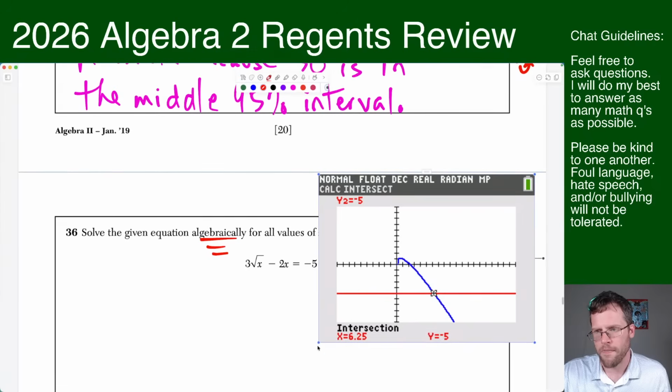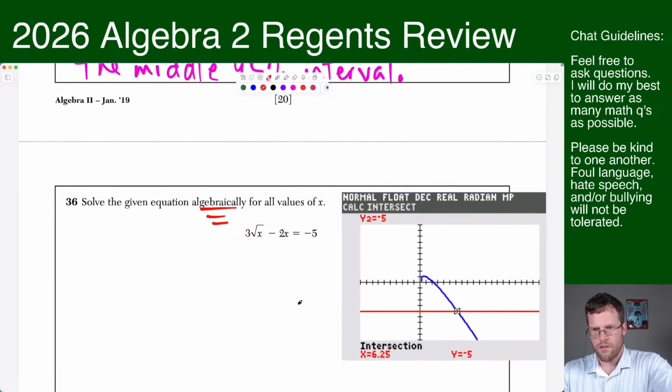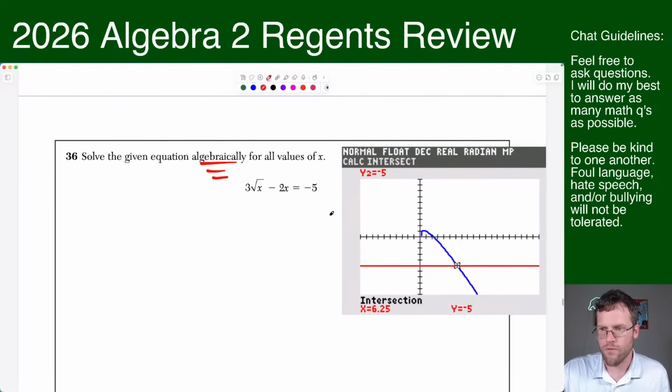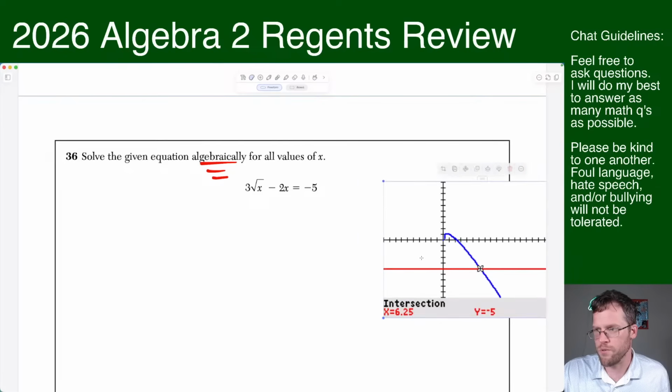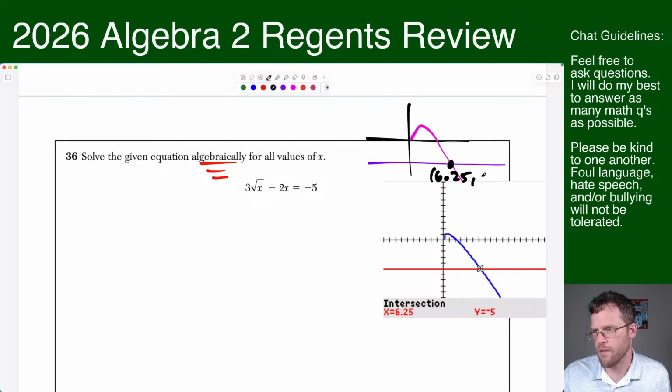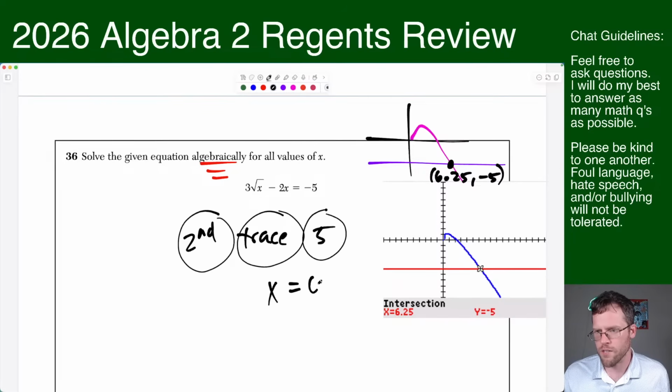6.25. Okay, so they said algebraically. If you say, I don't want to do algebra because I don't know how to solve this equation, you go like this, and then this, and say the point 6.25 comma -5, and then you say, all right, second trace 5, x equals 6.25.